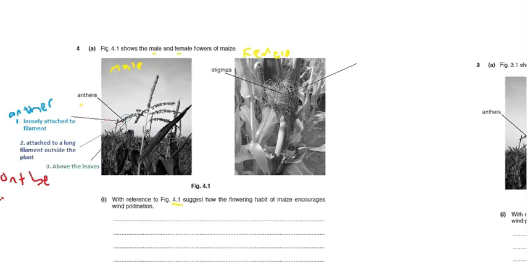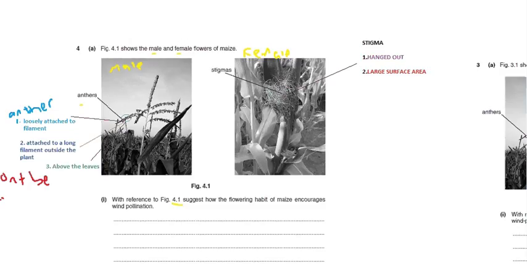First, it is hanging out completely. As you can see, it's out. You can also say that stigma has large surface area. These are the 2 points about stigma: it hangs out and it has large surface area.